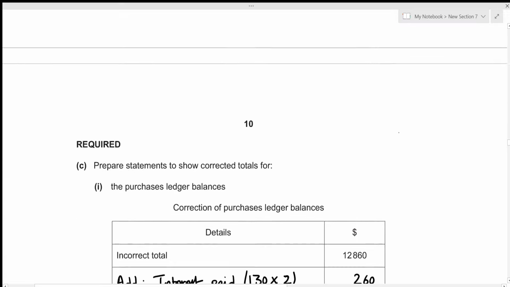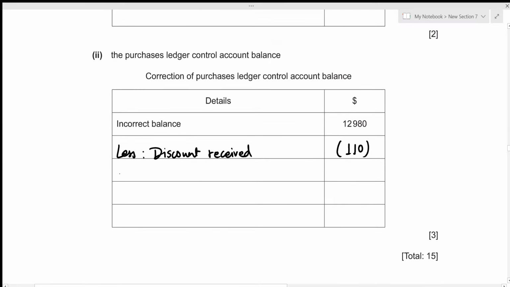Let's do that. So we can just write down add purchases return overstated. So purchases return had been overstated by 250.